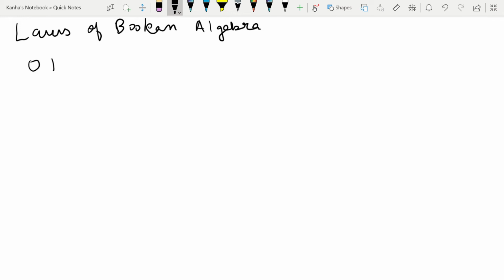There are some laws for the OR gate, some for the AND gate, and some for the NOT gate.